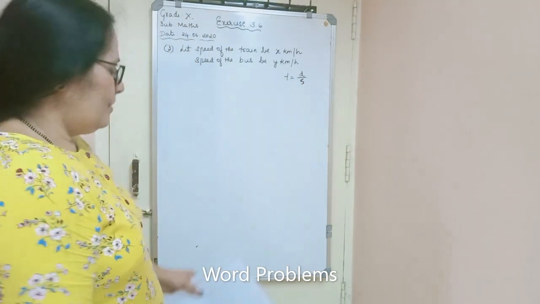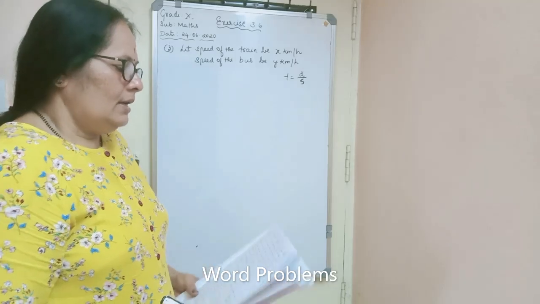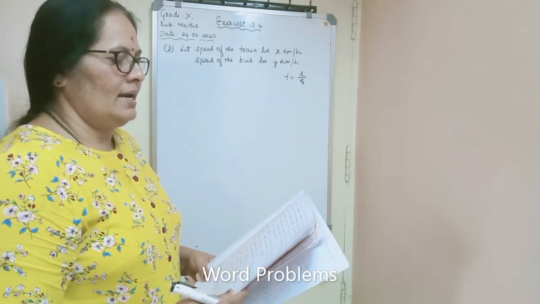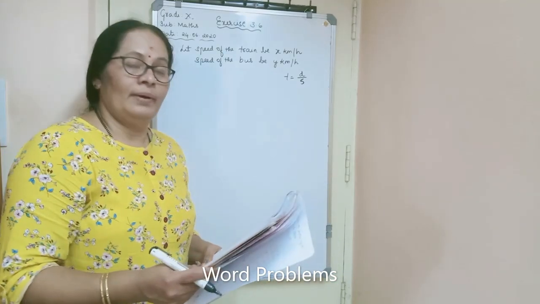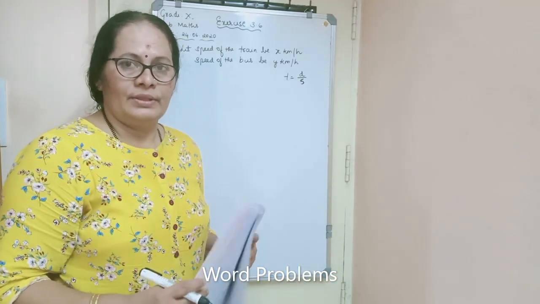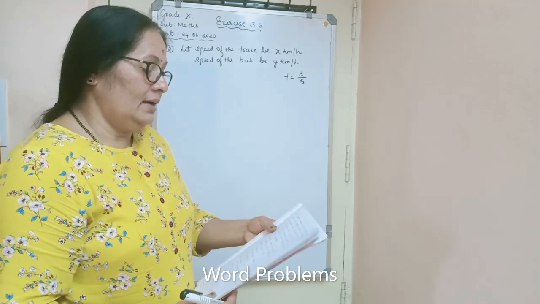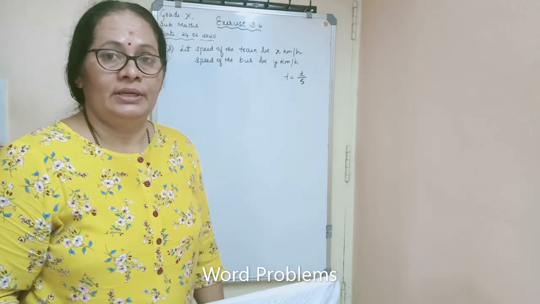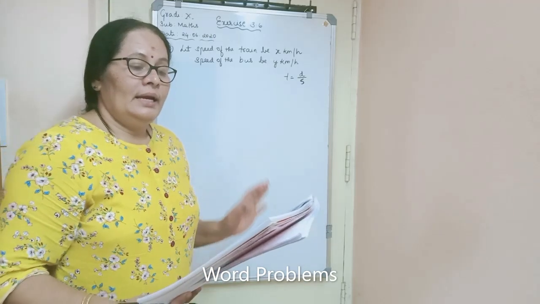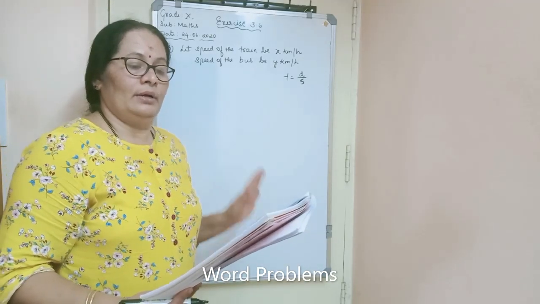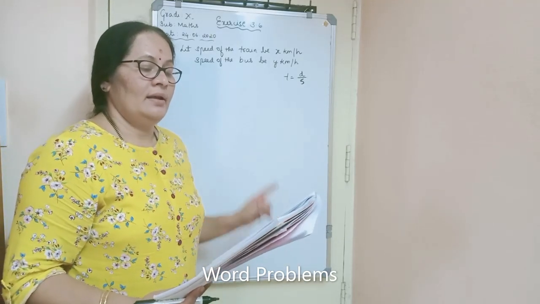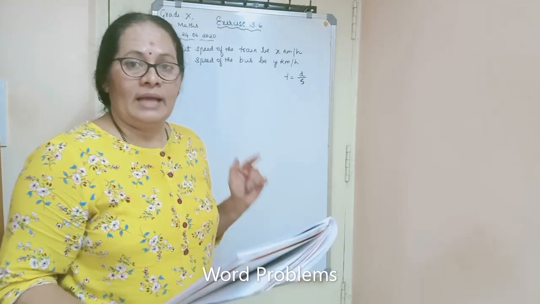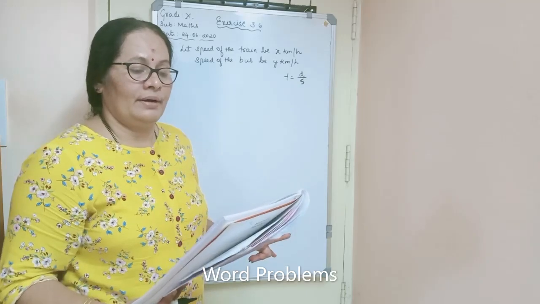Okay. Now the first condition is Rohi travels 300 km to her home partly by train, partly by bus. She takes 4 hours. The time taken is 4 hours.